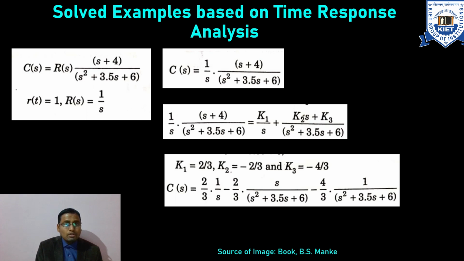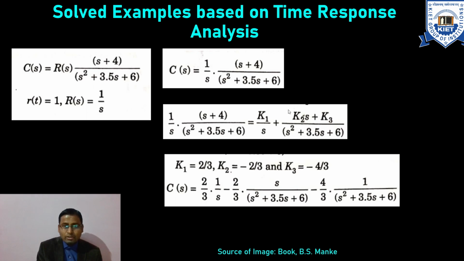Okay, so generally the procedure is the same, even though the functions are different. So take the partial fraction expansion, and after simplifying, after calculating all these parameters, we will get the constant values for k1, k2 and k3.